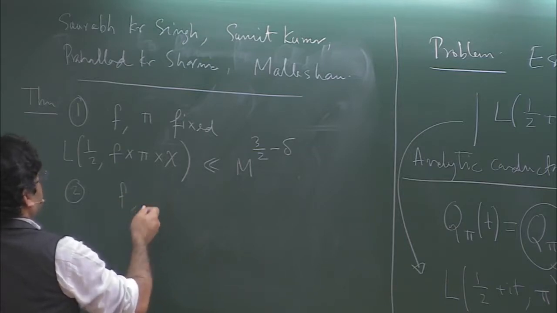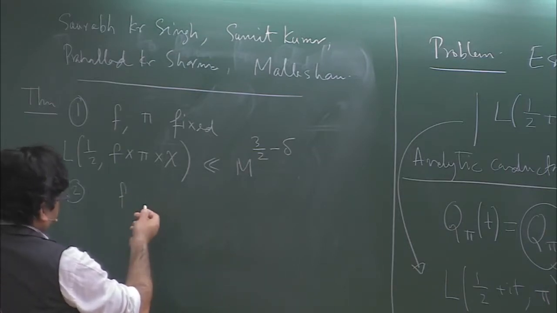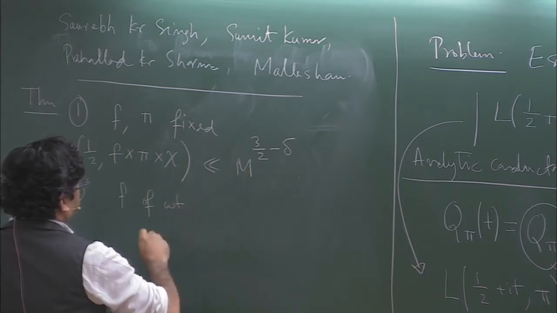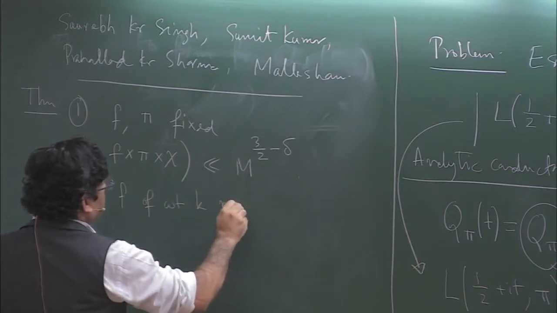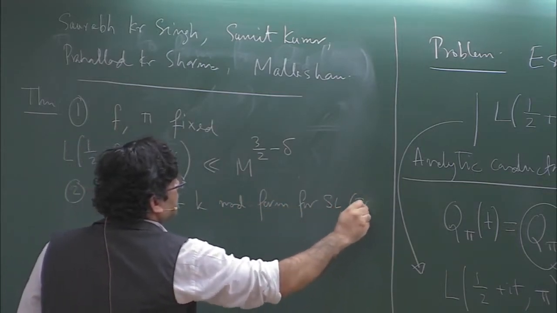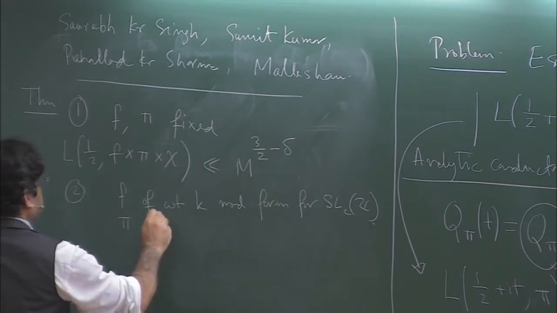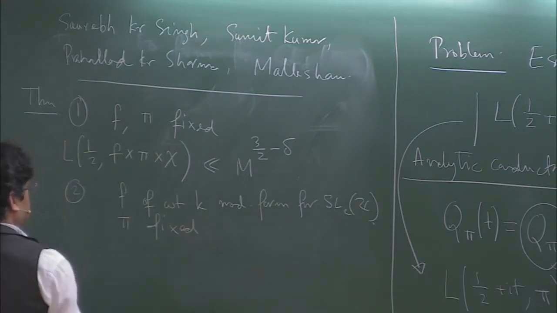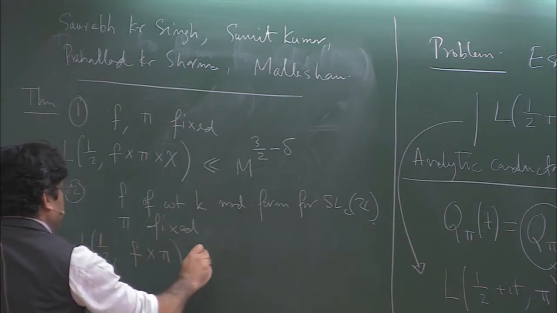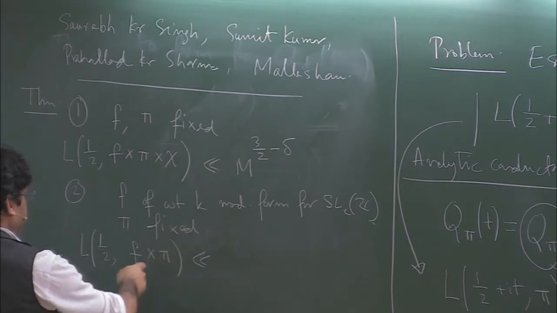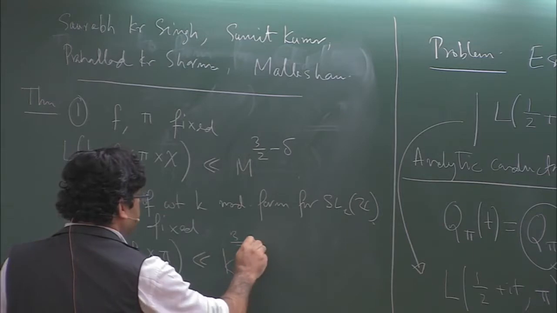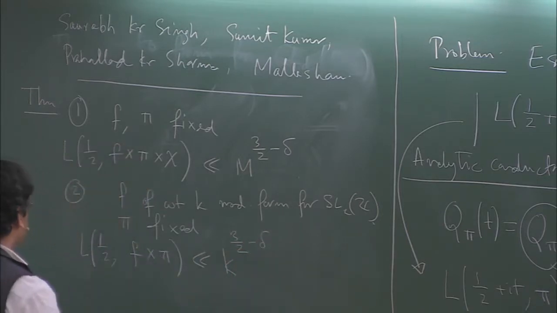And again, if not fixed now, say, I'll just say the weight k modular form for SL2(Z), and pi is a fixed GL3 form. So L(1/2, F cross pi) is bounded by, so now k appears in 6 places, so k to the power 6, that is 3/2, is the convexity, minus delta for some delta positive.